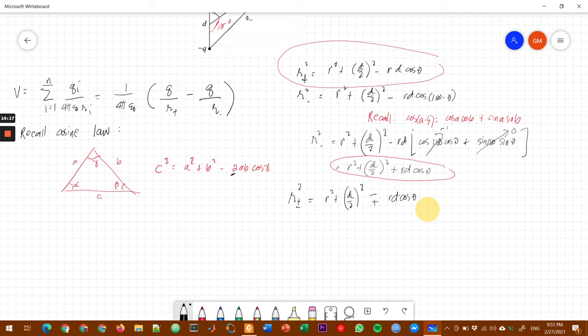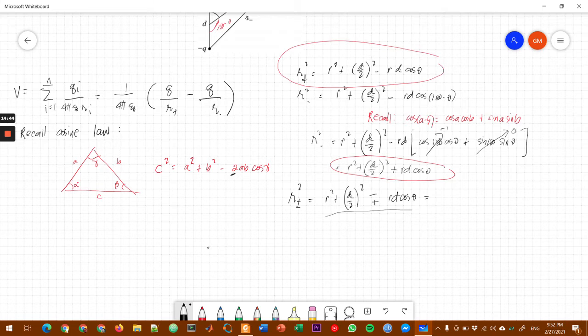And we can factor out the R squared from the previous expression, so that later we can use the condition that R is very far, much greater than D, to make some approximation.